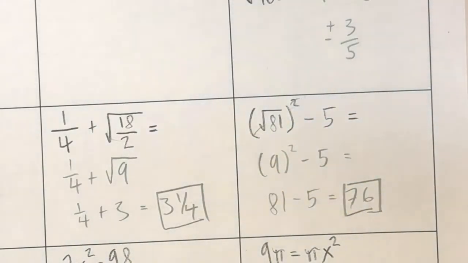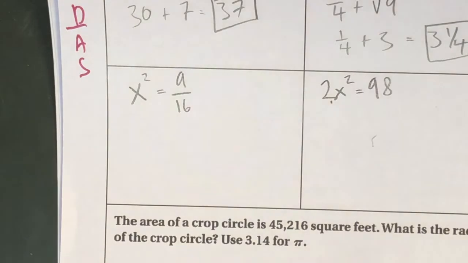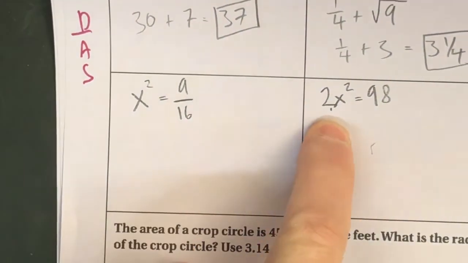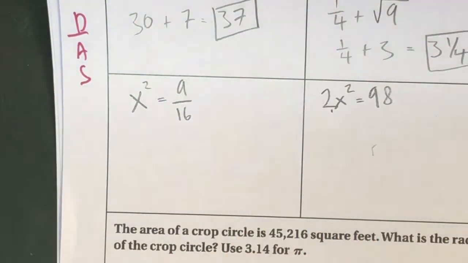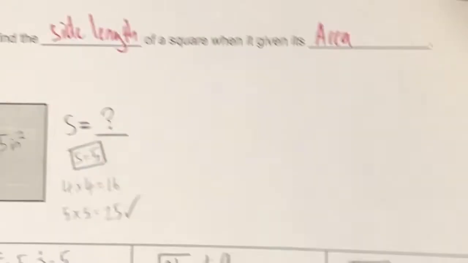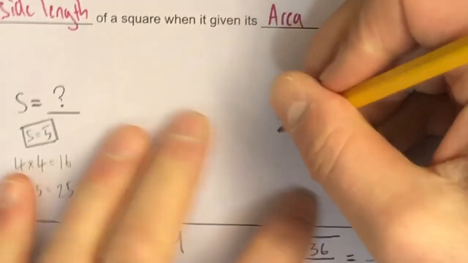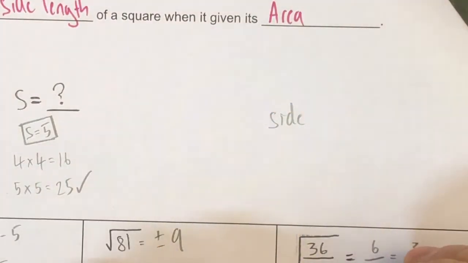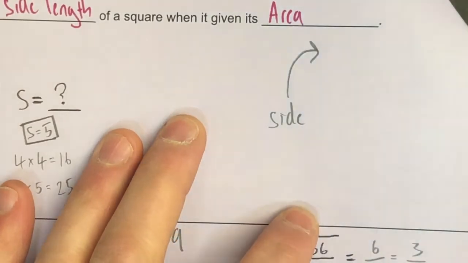Okay, moving right along here. Sometimes you have equations with x squared in them, and here's a fun little diagram I'm going to give you for when you have to undo a square in some kind of equation. Up in the corner, I'm going to have you draw this little picture. Let's write side, and draw a little arrow like this.